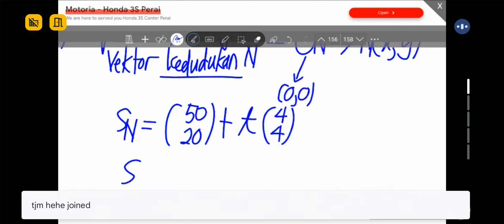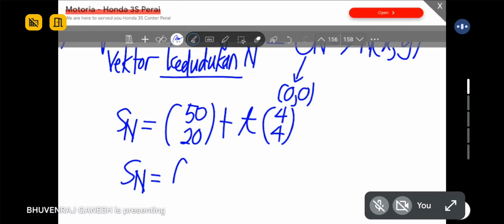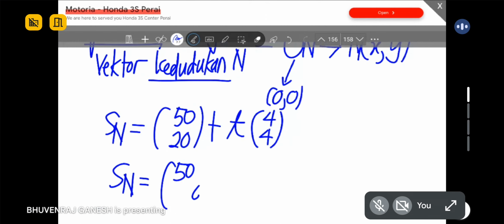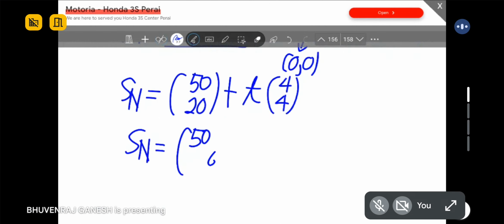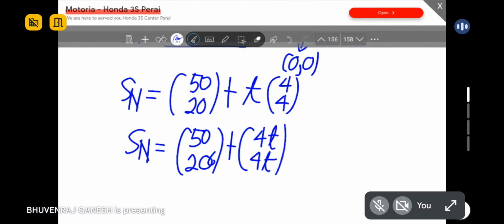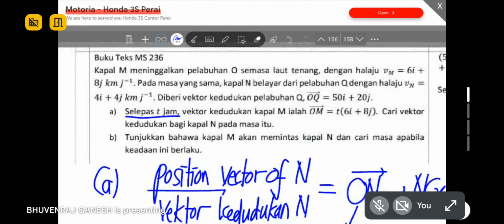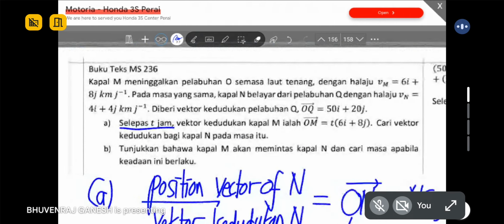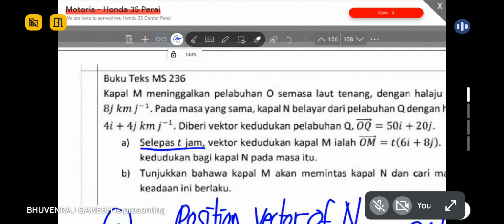Okay, so from here, if you guys simplify, you will get 50, 20 plus 40 and 40. Wait. There's a negative sign. Wait, guys. Let me see. Did the question have negative?